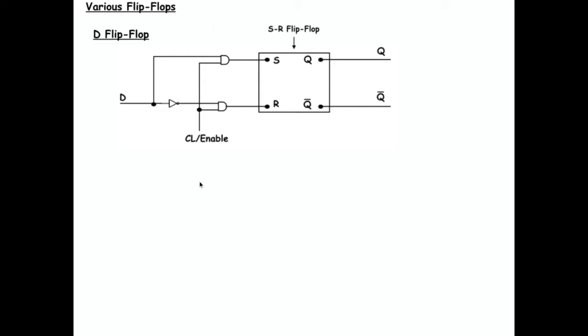So we achieve that by having the clock. The true D going into S and the inverted D going into R are on the circuit. They're interrupted by two AND gates, and what they're ANDed with is the controller or enable or clock signal.